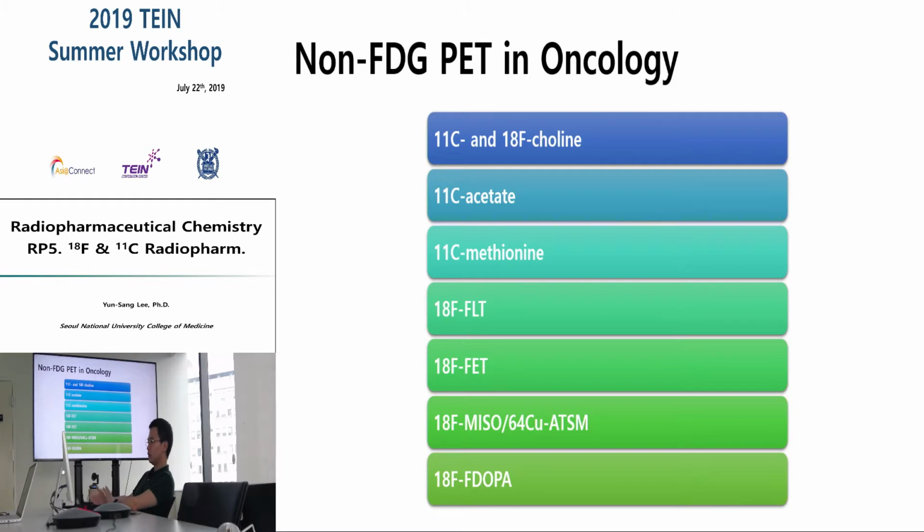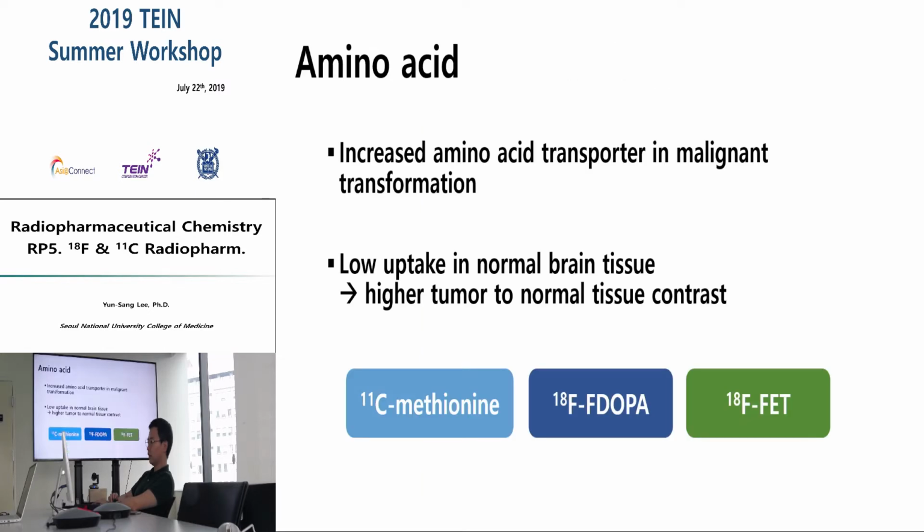So there is a need for other agents to image the tumors which cannot be imaged by FDG. So I would like to review some from here, and first is the amino acid agents.